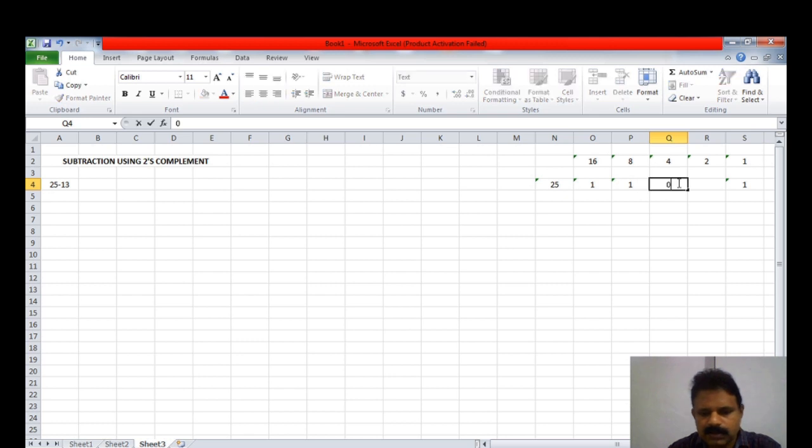So the pattern is 11001, and for 13 it is 01101.